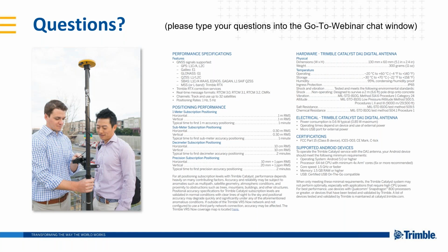You can see it in the positioning performance data that is currently on the screen. It depends on the subscription level, but if you subscribe to the highest level of accuracy, then the data sheet here shows horizontally you can achieve plus or minus 10 millimeters, and vertically plus or minus 20 millimeters.